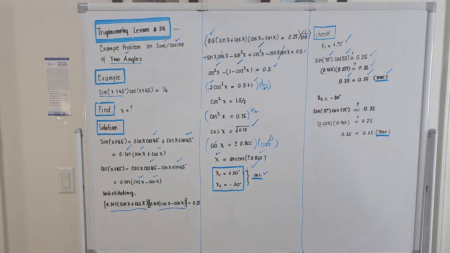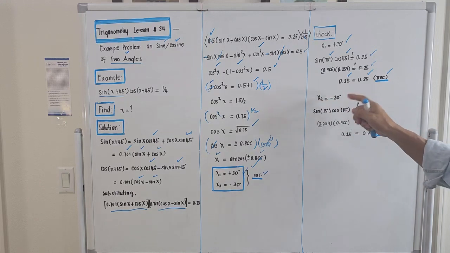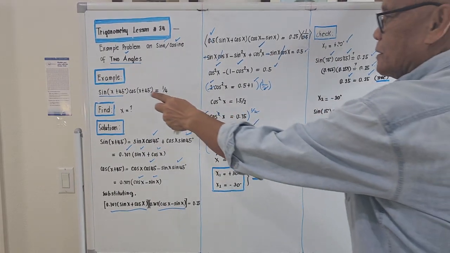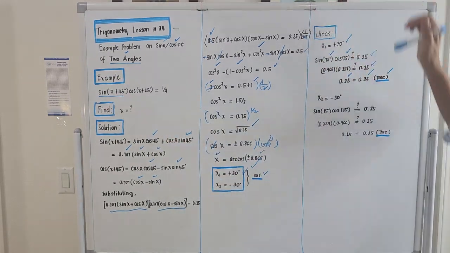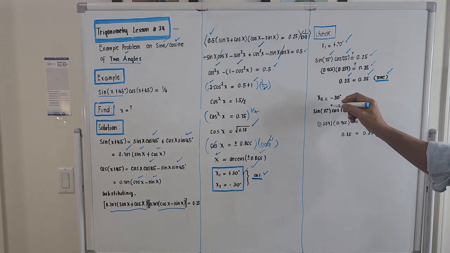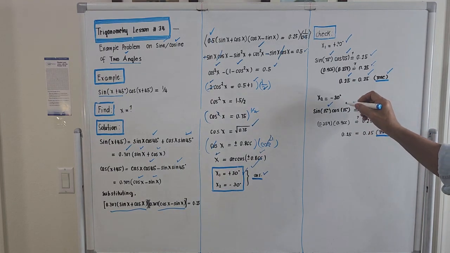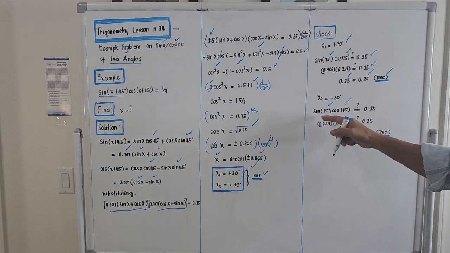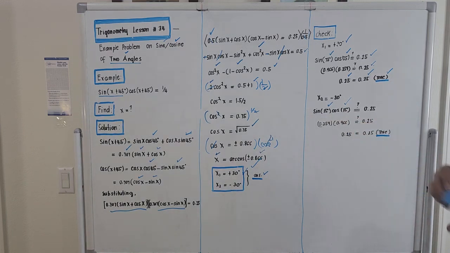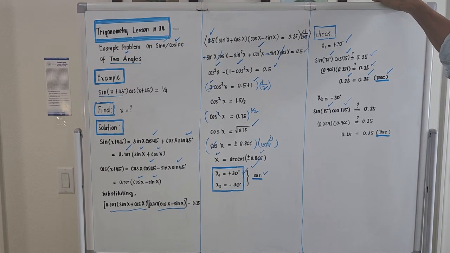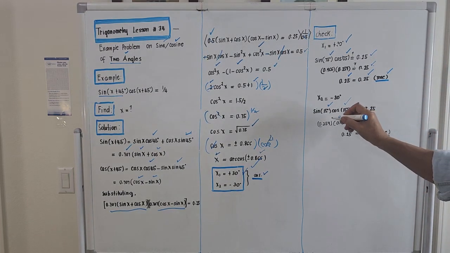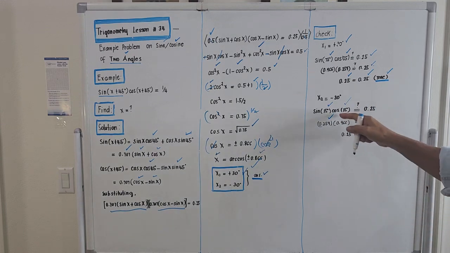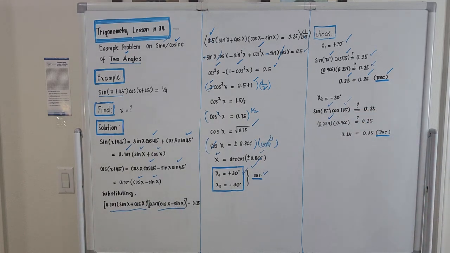Let's try to check the validity of the second answer. If x2 is negative 30 degrees, if we plug in negative 30 degrees here, what will come out will be 15 degrees and 15 degrees. So this is sine of 15 degrees times cosine of 15 degrees. Sine of 15 degrees is a small value. It's very near 0. It's not 0, but it's almost a small number. It's 0.259. And cosine of 15 degrees, cosine of 0 is actually 1.